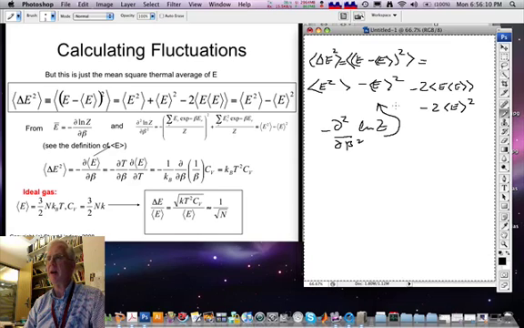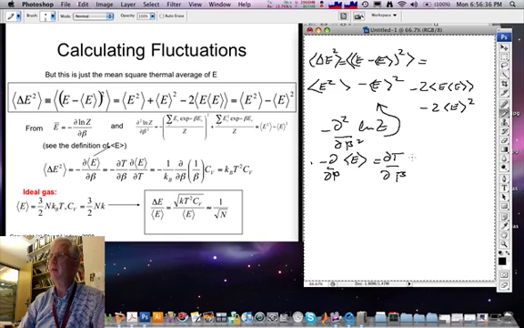Let's take a look at the ideal gas. We can rewrite this expression d2 log Z by d beta squared as just minus d by d beta of the thermal average E. That was proved on the last slide. And this then is just the same as dT by d beta times d thermal average E by dT.